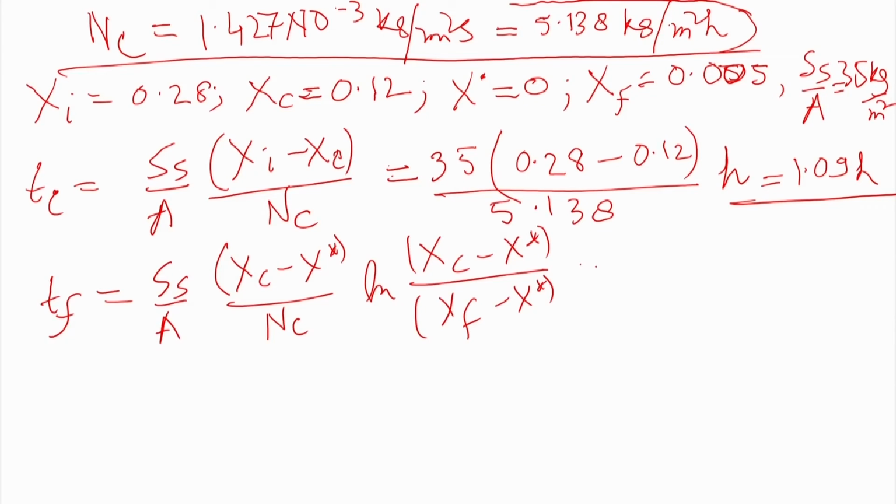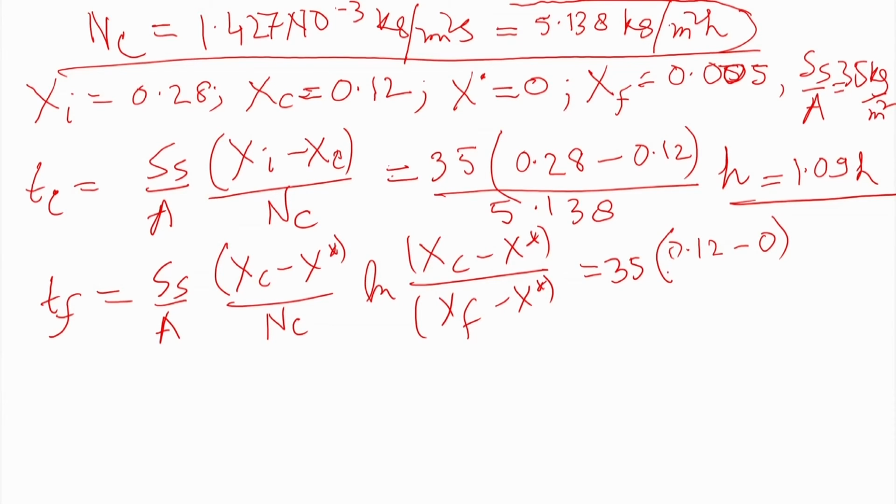So, now we will be putting all these values, this Ss by A is equal to 35, into Xc, that is 0.12, minus X star is equal to 0, divided by Nc.